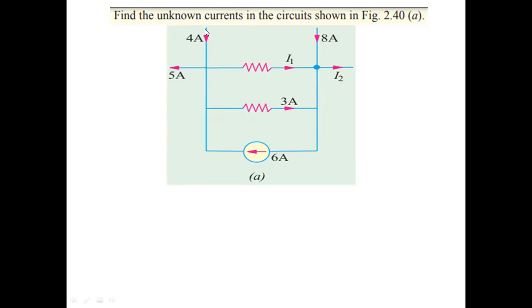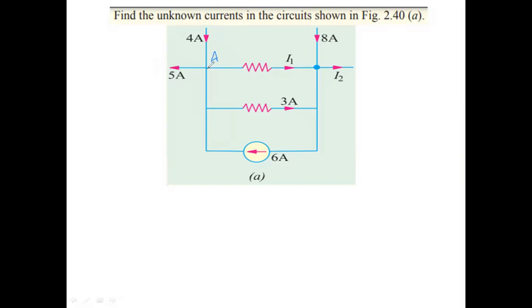Assume this junction is A. For junction A, 4 amperes current is reaching the junction and 5 amperes current is leaving the junction.